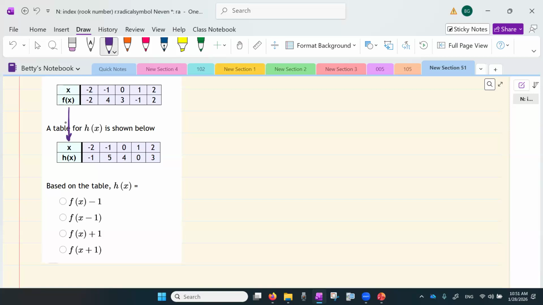What happened? As we can see, the x value remains the same, right? The x value remains the same. That means horizontally, no shift.